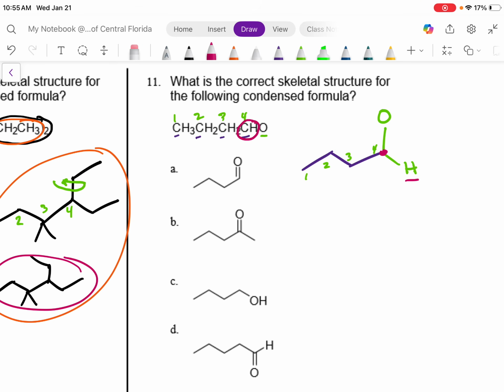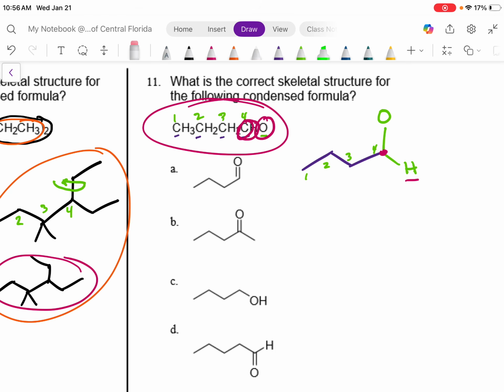But there's no formal charges shown in that condensed formula. The oxygen is neutral, the carbon is neutral. If you take a look at the oxygen the way I've drawn it, you'll see that there's an oxygen with only a single bond. That can happen, but if that's the case, then that would have to be a negative charge. And there are no charges.